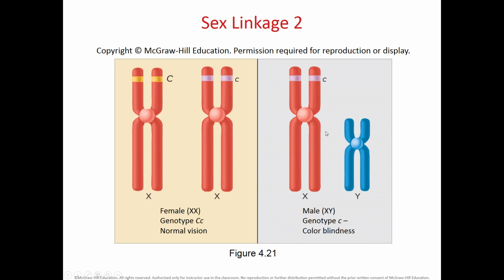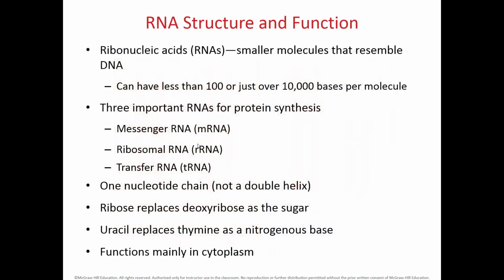But when it comes to males, when he inherits this color blindness gene coming from the mom and the Y chromosome coming from the dad, he will always be colorblind because he doesn't have the other normal chromosome to compensate. And this female is going to be a carrier, although she has normal vision.